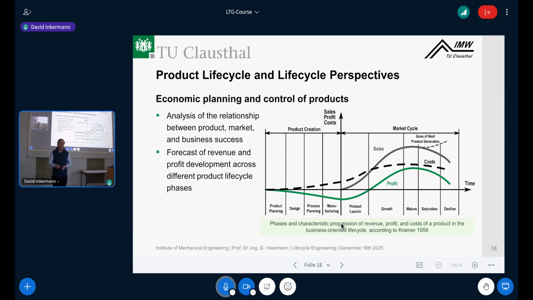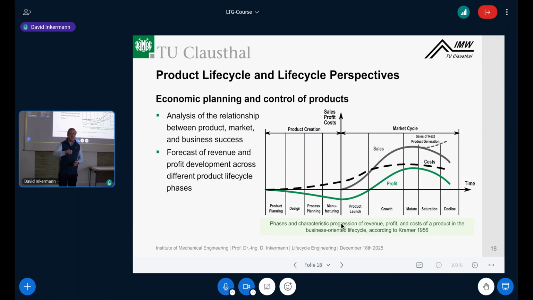If you look at the number of sales, it is increasing over time. So you have this growth phase, then there's a mature phase and also saturation, and then there's a decline phase where you maybe come up with a facelift, so change the design a little to make it more attractive, or you have to start a new project for the new product, yes?